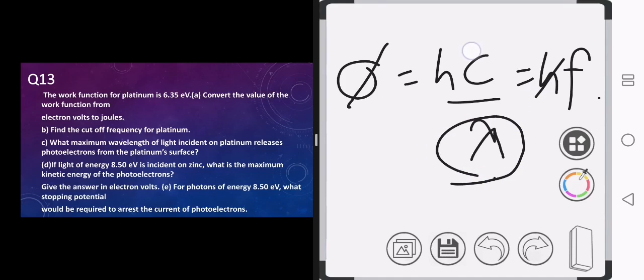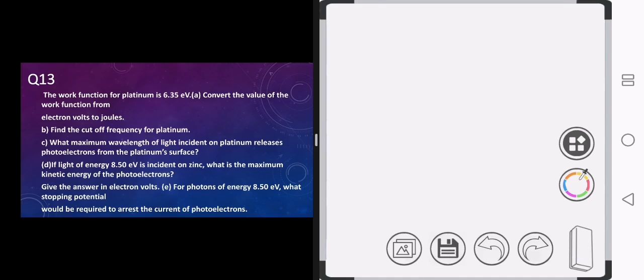The h cancels out and your lambda will equal c over the cut-off frequency just now.